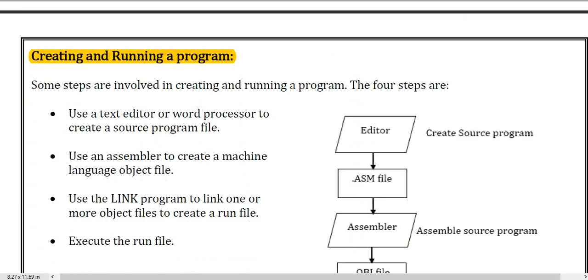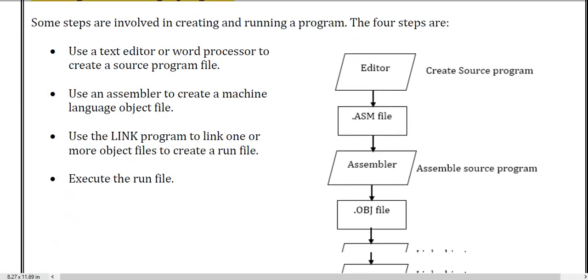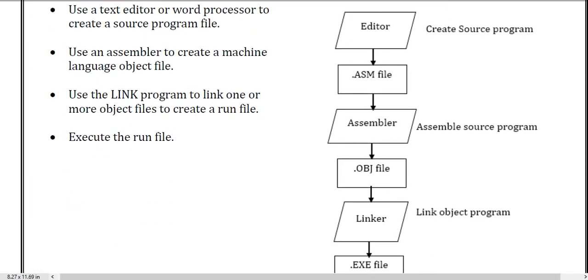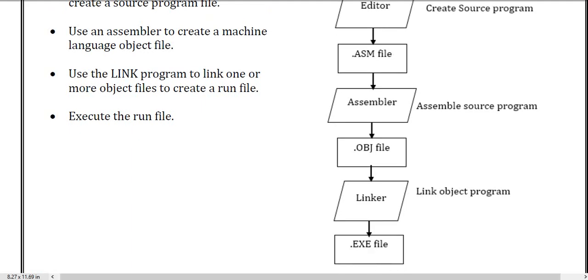Now the most important diagram is creating and running a program. First of all, you need an editor to create the source program. Then it will go to the .asm file. That means the editor generates the ASM file, which is the assembly file, which will be processed by the assembler, and then the assembly source program is converted and delivers a .obj file.